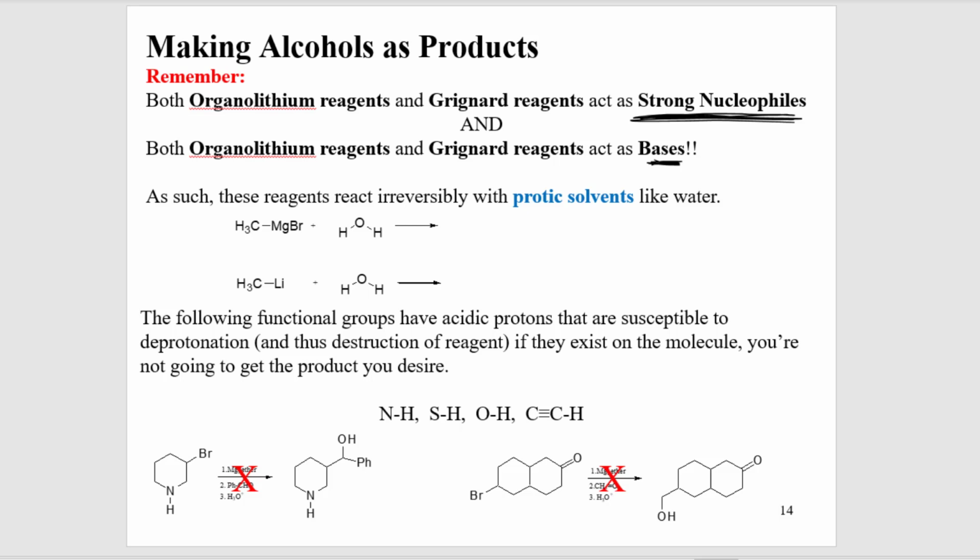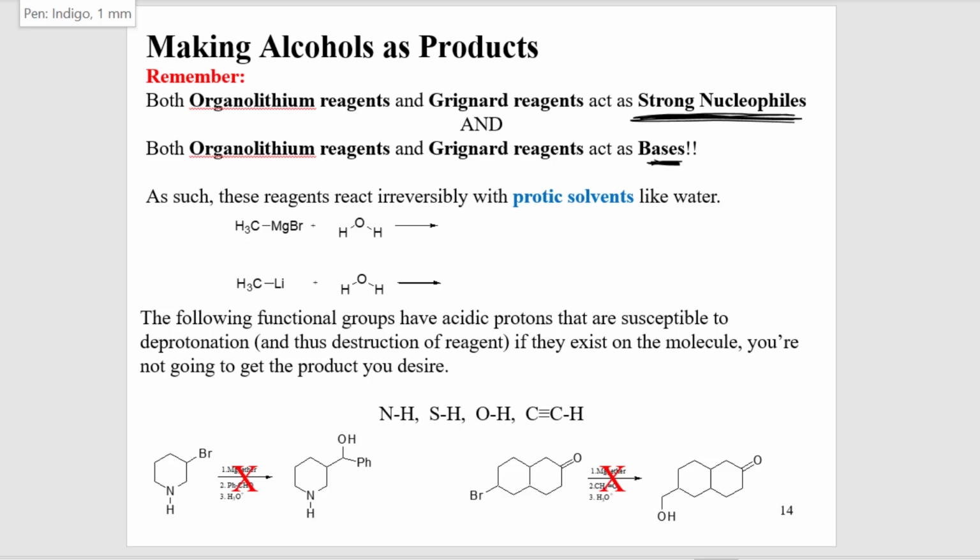Otherwise, the Grignard's going to be so busy deprotonating the water, it's not going to attack our epoxide or attack our carbonyl. So do not use protic solvents like water or even ethanol. Just any protic solvent is a no-no when you're trying to use these carbon minus nucleophiles. They're too strong of a base. This goes for any protic system.